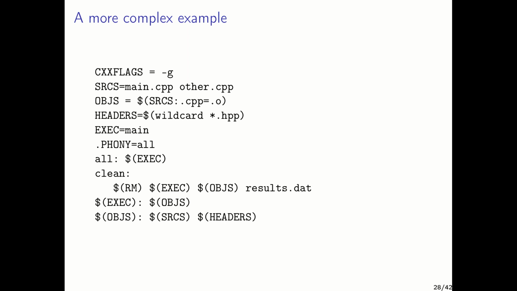Also in this case, the dependency, the header files, I said are all the header files in this directory, but maybe there are other header files, other .cpp maybe depend on other header files, or the header files in this directory may include other header files. So how can I keep track of all the possible dependencies?